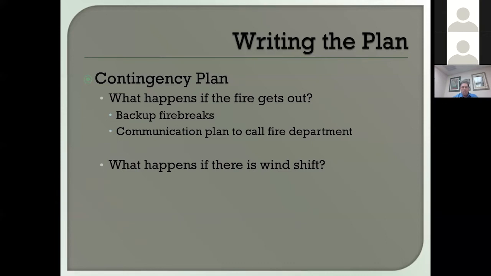So the burn boss and the fire chief have an idea of what your plan is if something does happen. What's our fallback? Are there fire breaks? Communication plans to the fire department? Roads that we can burn off? Again, it's very rare that fire gets out, but when it does, you want to make sure you have some sort of plan.